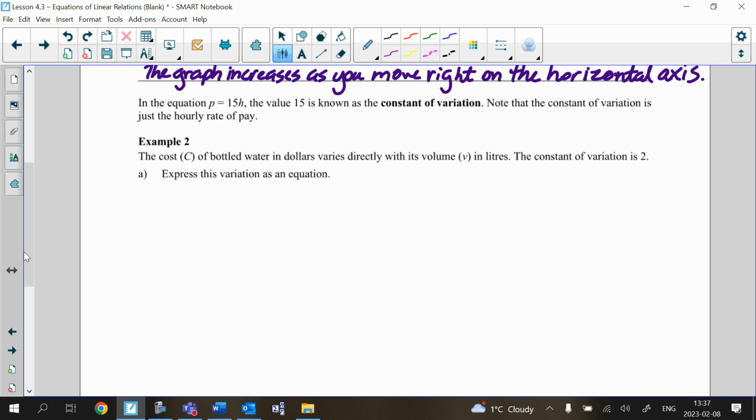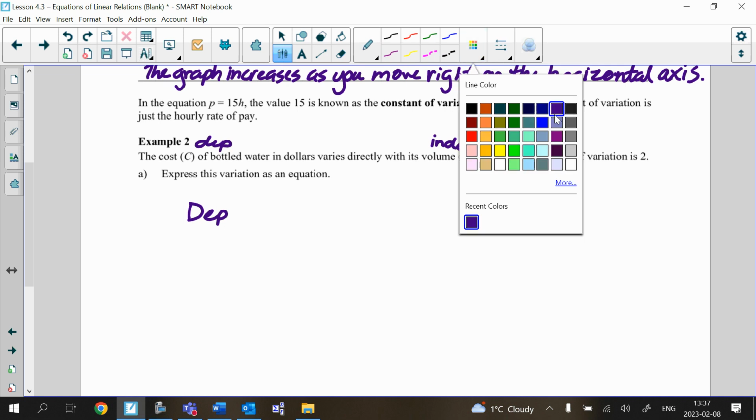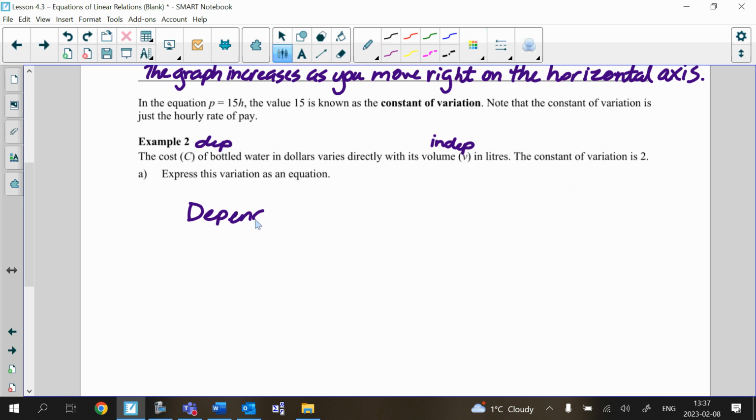So to write it as an equation, we write the dependent variable equals the constant of variation times the independent variable.